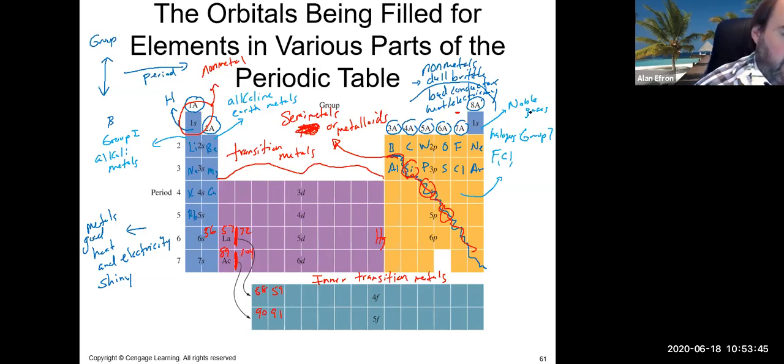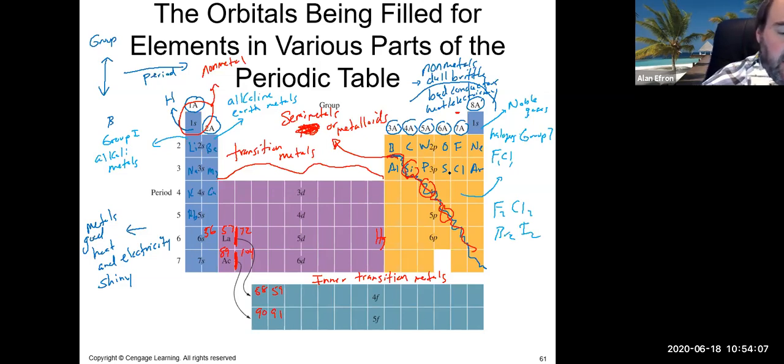As I talked about before, noble gases are chemically inert. They don't react with a lot of things. They react with themselves, but not others. But they're not very reactive at all. Halogens are a lot of our diatomic guys. So remember, fluorine is F2, Cl2, Br2, I2. A lot of those diatomic guys come down through here.